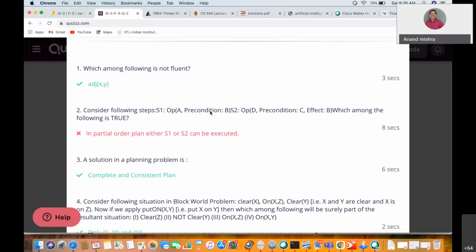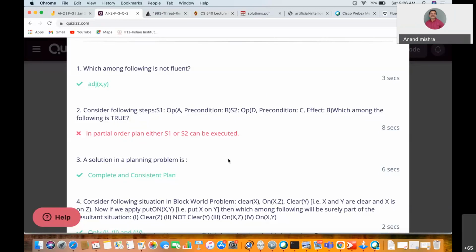That precondition has to be satisfied for S1 to happen. This is important: if there are two steps given here, the precondition needs to be satisfied for the step to happen.